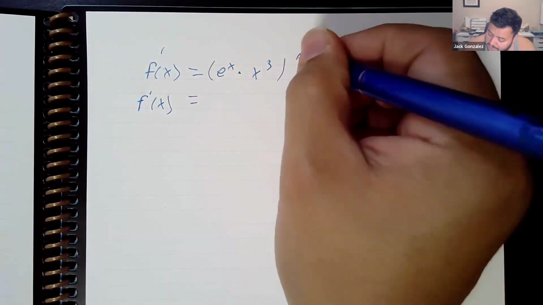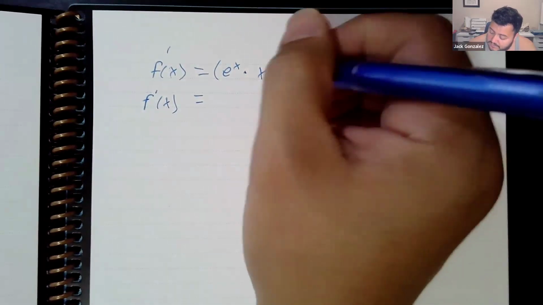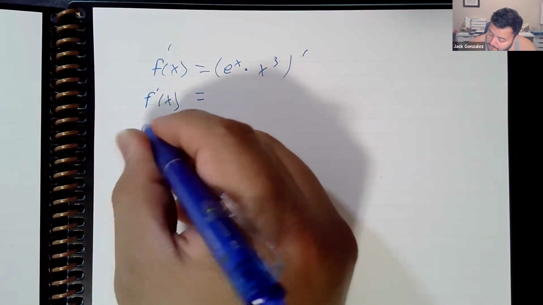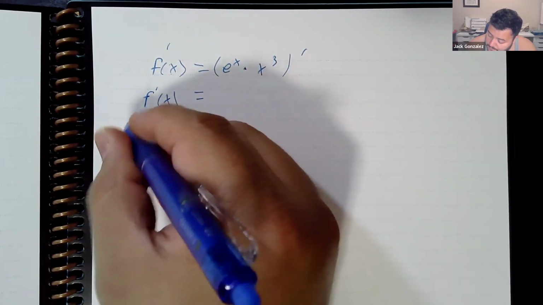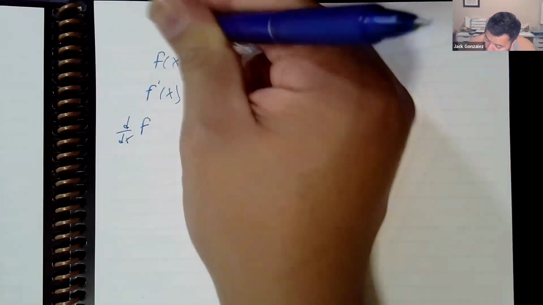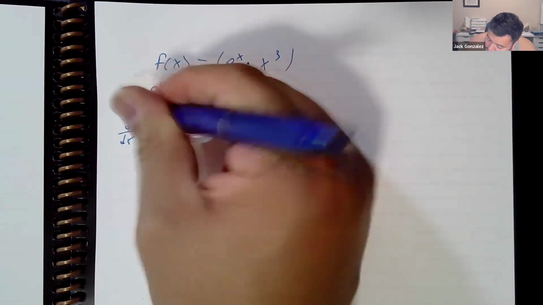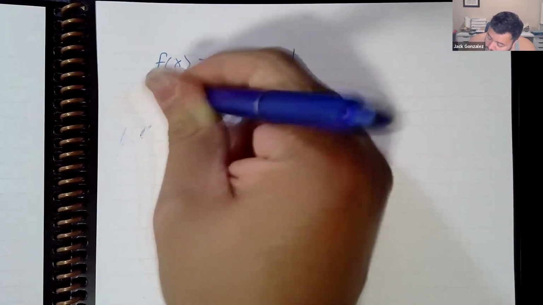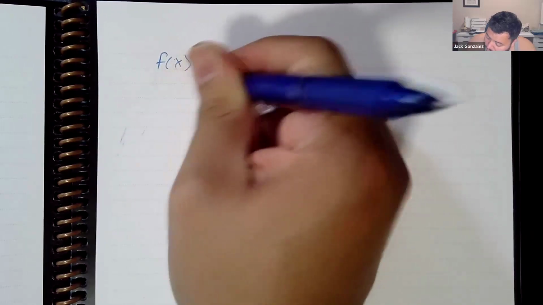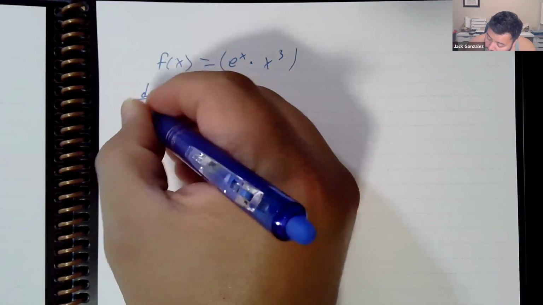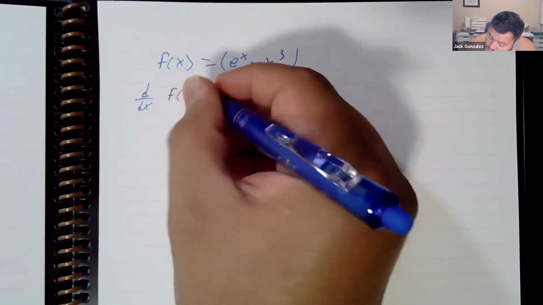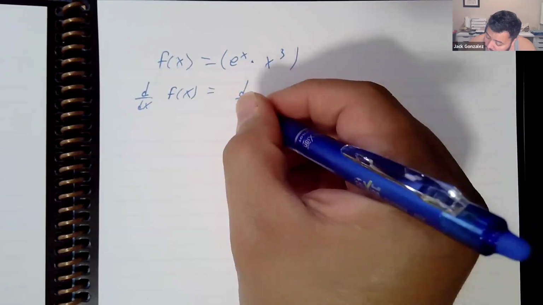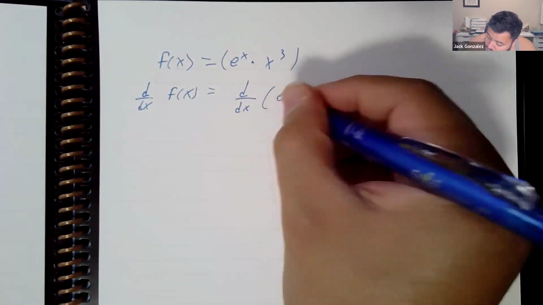Instead of using prime, we're going to use the d dx. Ignore this quote here. Pretend we're doing the primes, but we're not, because it's the same. We're doing d dx of your function, d dx of the single term.